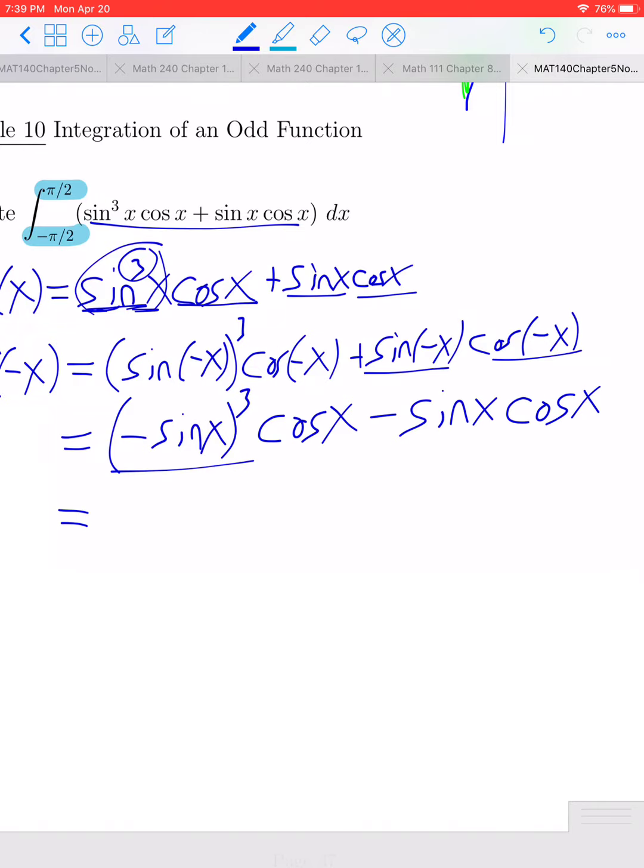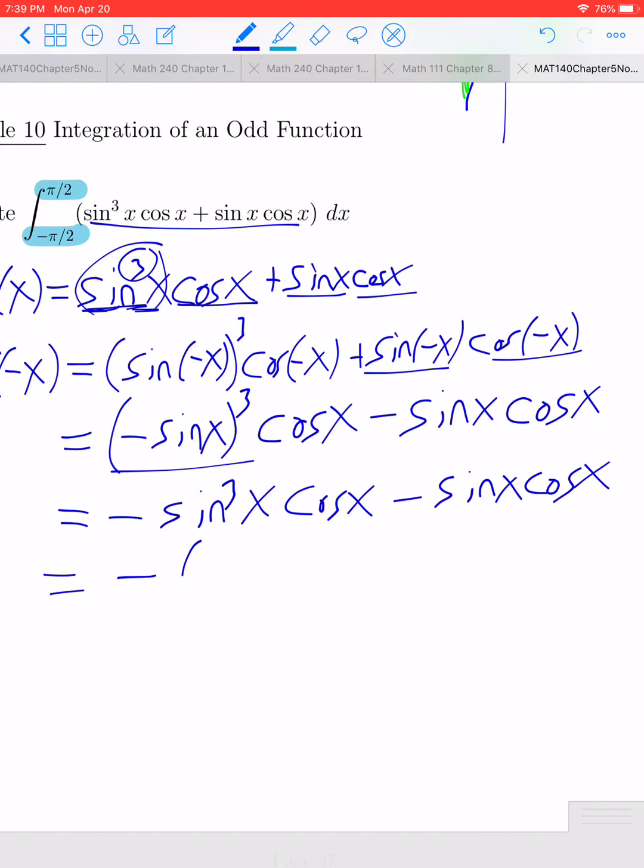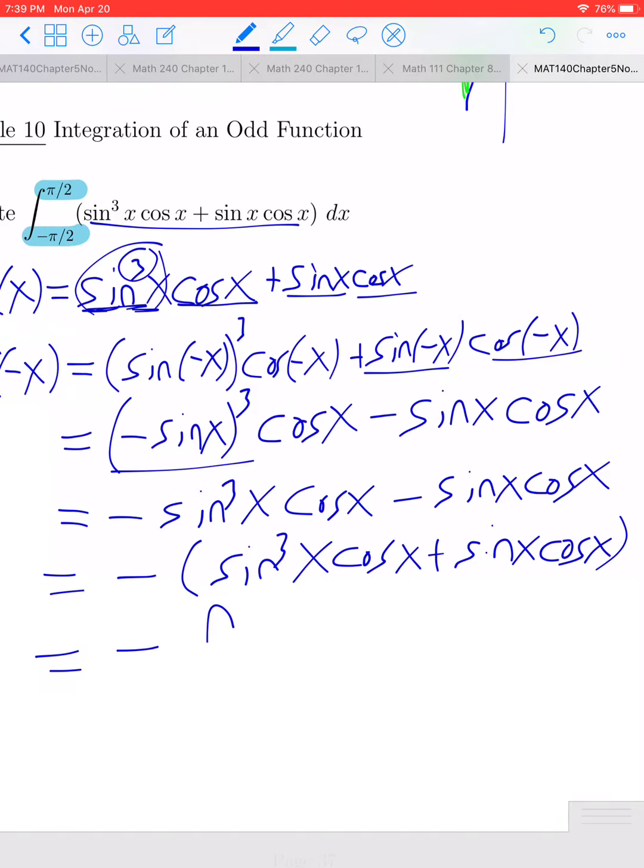And then here, if I have negative sine of x cubed, that's negative sine cubed x cosine x minus sine x cosine x. And if I factor a negative out of this entire expression, what we see is that this is equal to the negative of f of x.